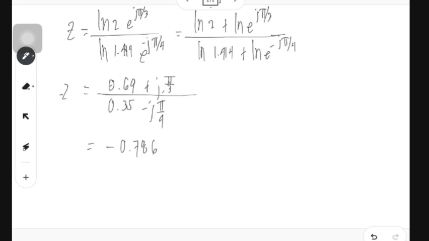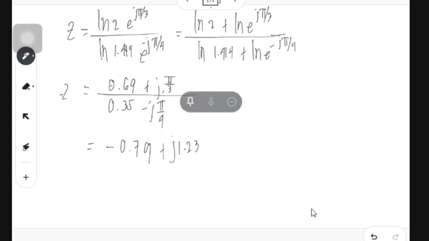For consistency, kasi 0.69 lang ginamit natin, ito yung magiging 0.79. Gawin natin 0.79. What about the imaginary part? Plus 1.23j po. Plus 1.23. Oh. What about the rest? Did you arrive at the same value? Yes po, sir.